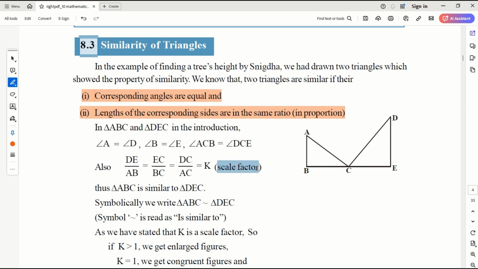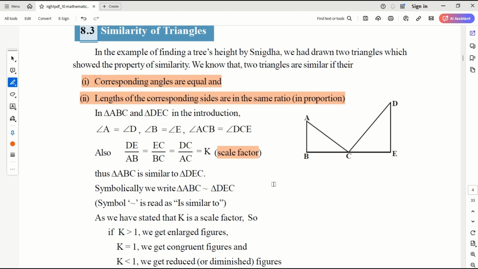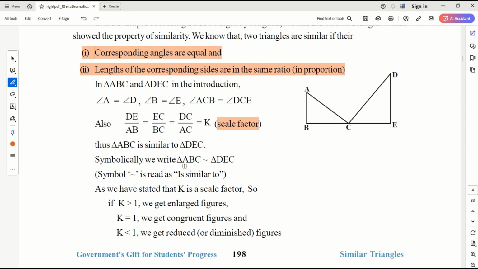If this rule is satisfied, and the sides of the triangles are in that ratio and angles are the same, then we can call ABC similar to DEC. Symbolically we write ABC similar to DEC.